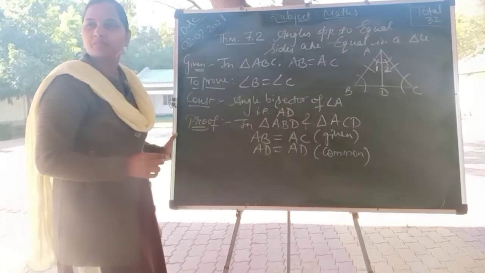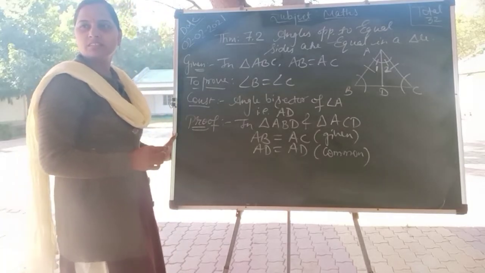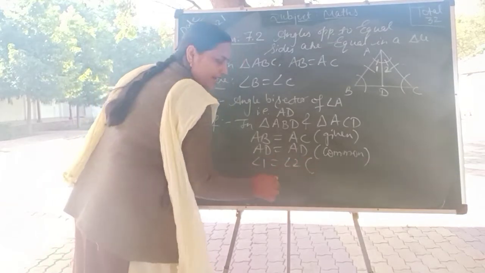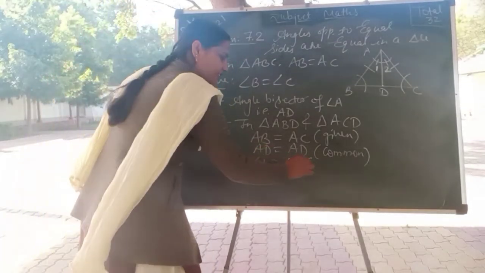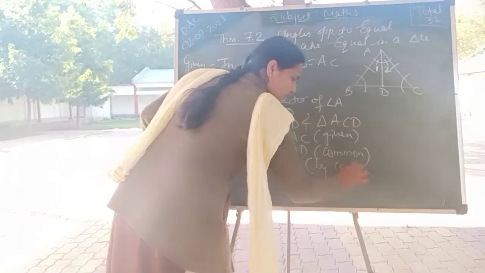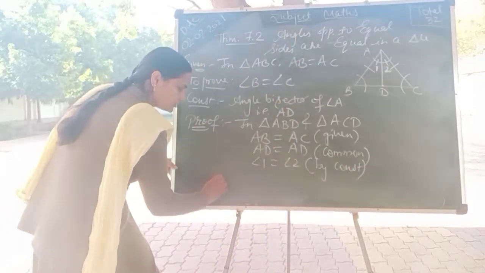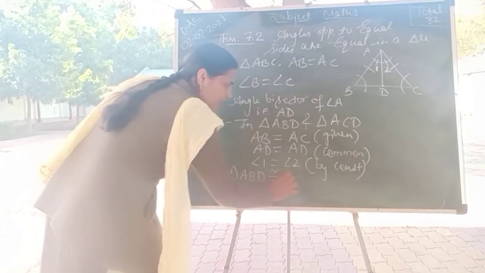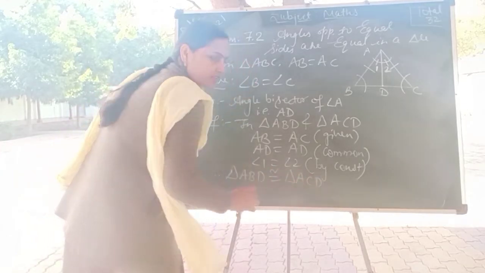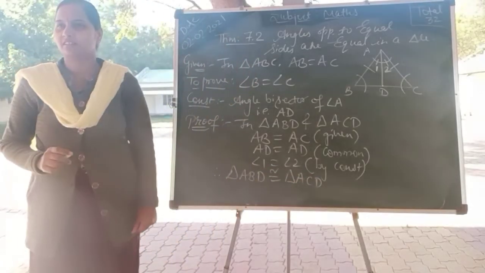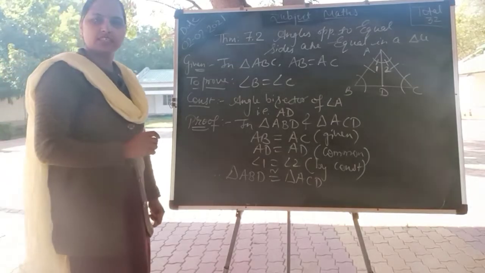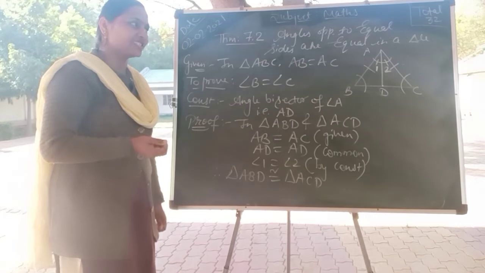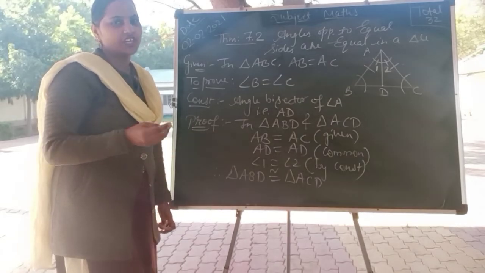Now next, angle 1 equals angle 2. Why? By construction. Therefore, triangle ABD is congruent to triangle ACD. Which criteria? SAS, correct? Check the sequence.